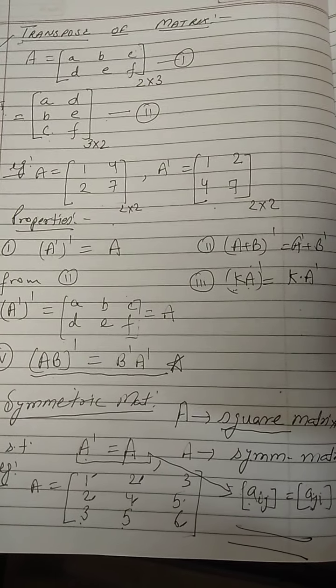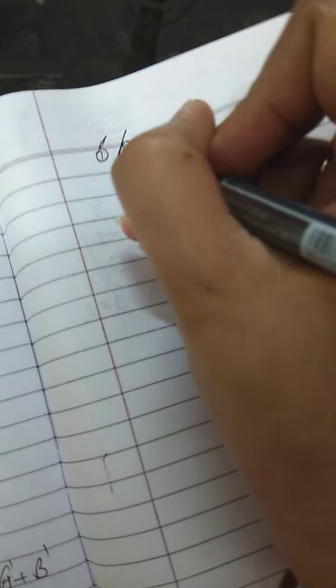Clear? Right. The next definition is skew symmetric matrix. It is a similar definition, but there is a small change now. What is a skew symmetric matrix?